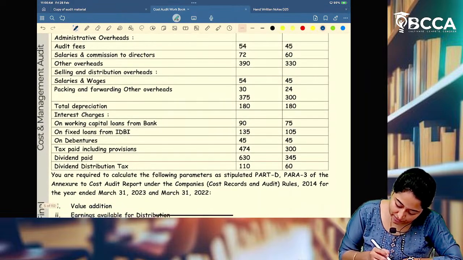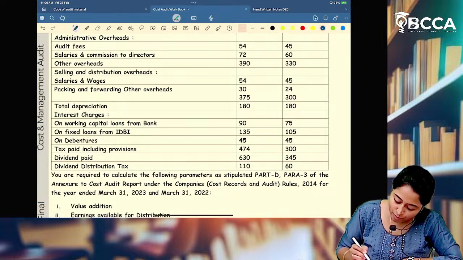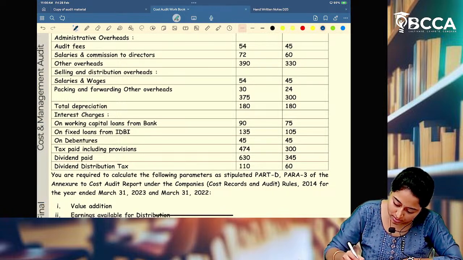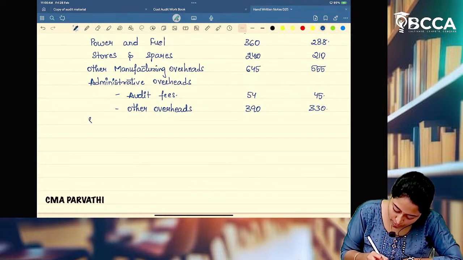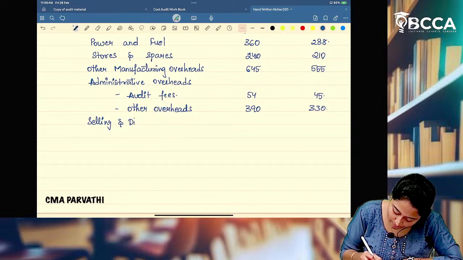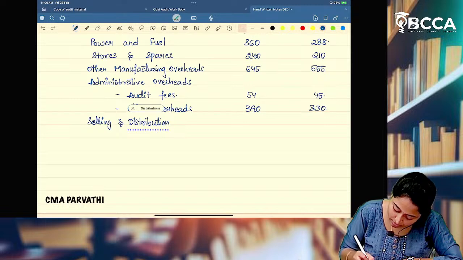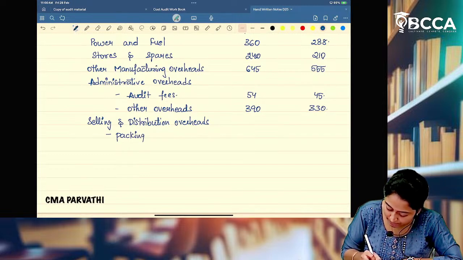And then we have selling and distribution overheads, packing and forwarding, other overheads. So in selling and distribution overheads, are you following? We have packing and forwarding.